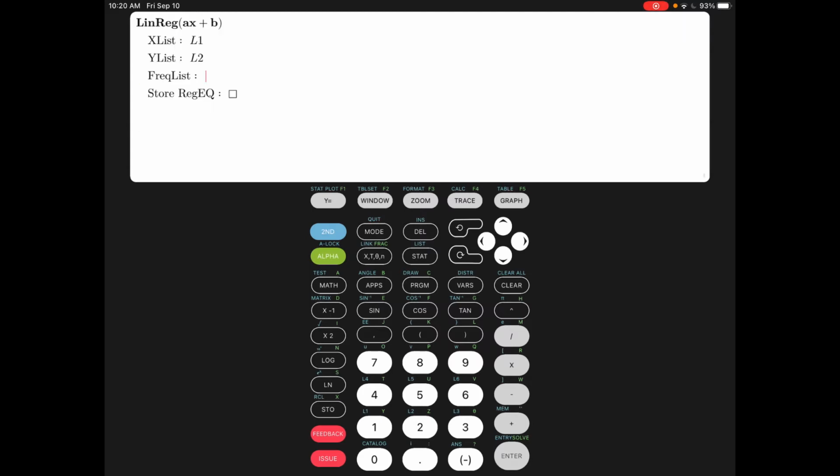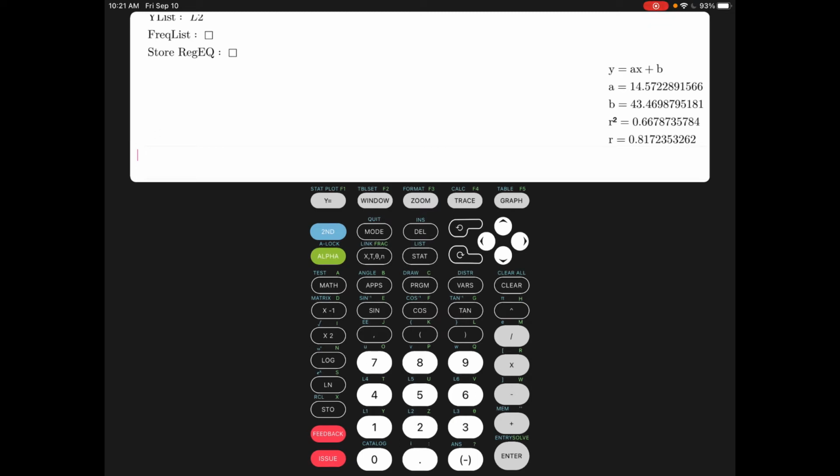So for linear regression ax + b, it'll ask us, what's our X list? It should generally be L1. What's our Y list? It's L2. And you can decide to store it somewhere. We won't necessarily go through that right now because the IB often asks us to write down the regression equation so that we get around some sig fig issues. So I'm just going to press enter.